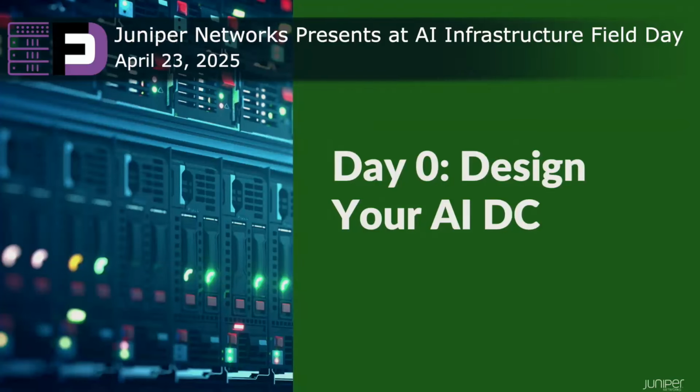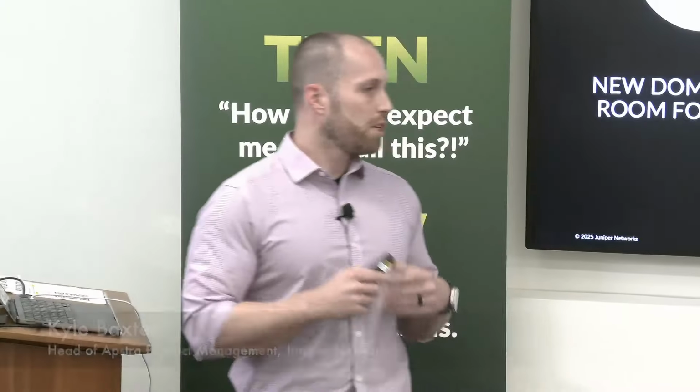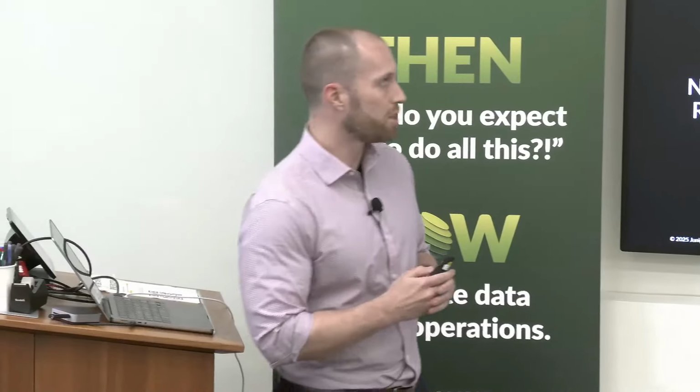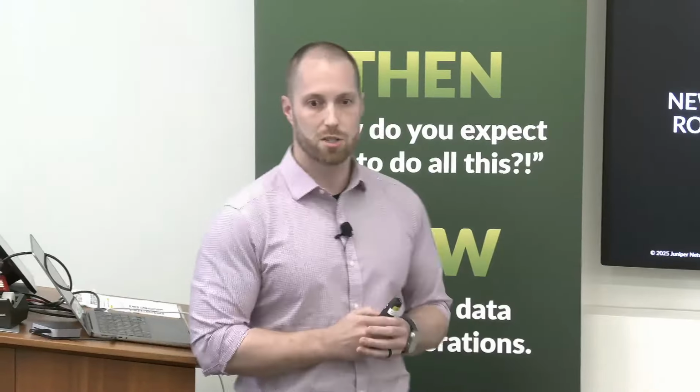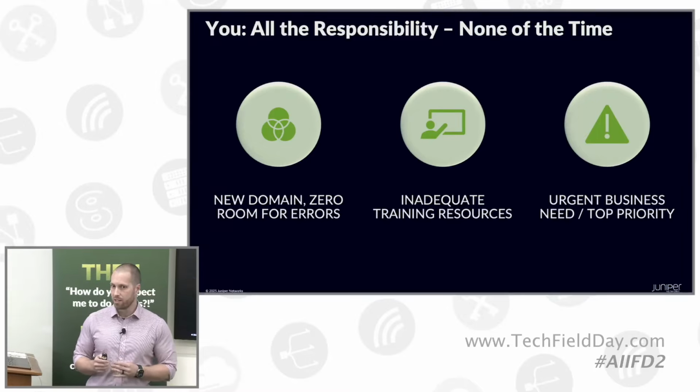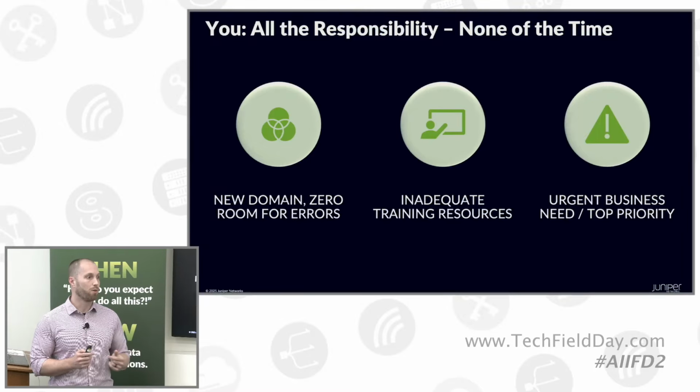I'm going to be talking about how you design your AI ML fabric with Abstra. And so many of you are probably aware of the challenges that are out there. The AI space is moving so fast that there's a demand to deploy it now.